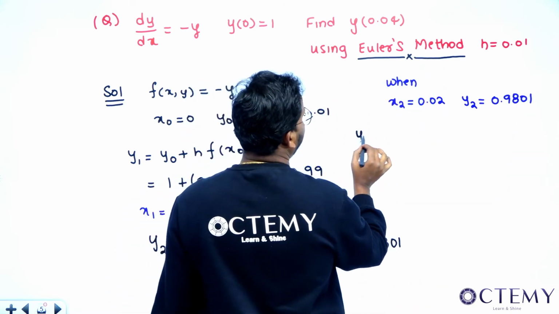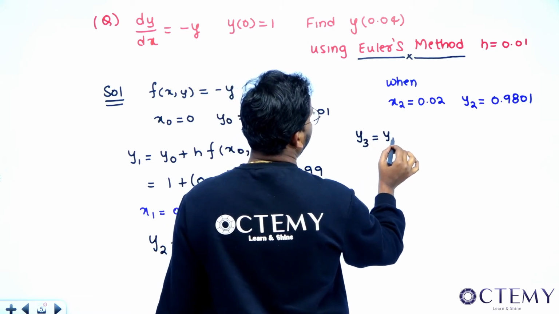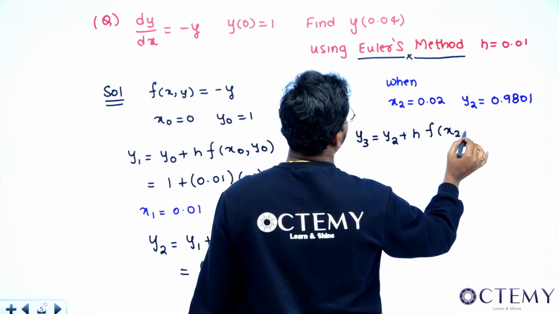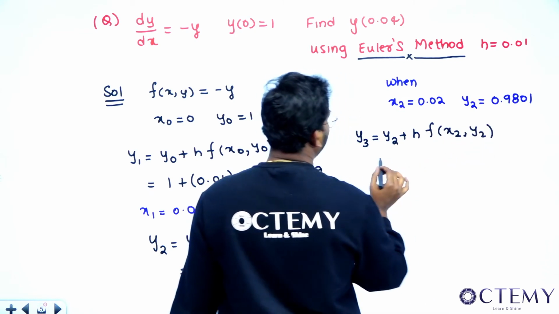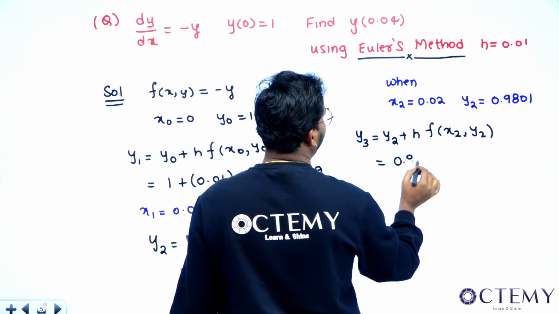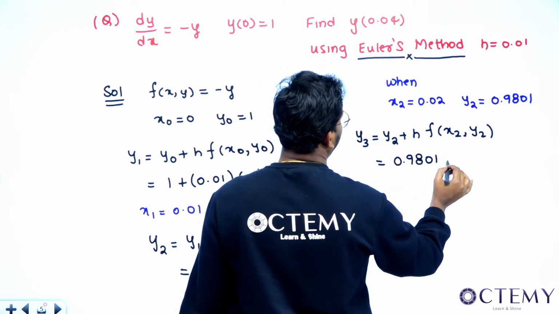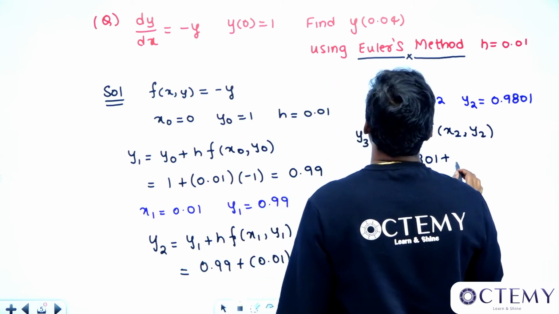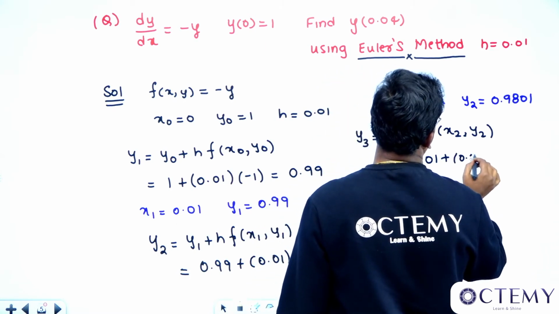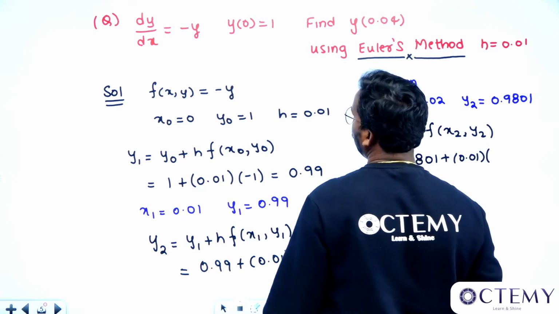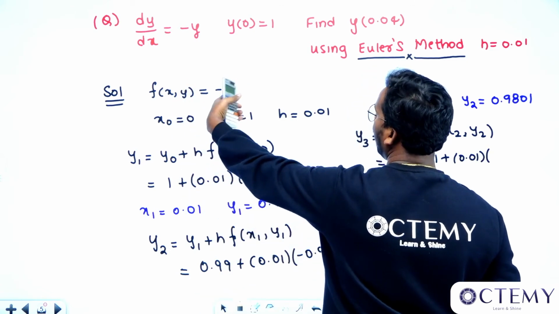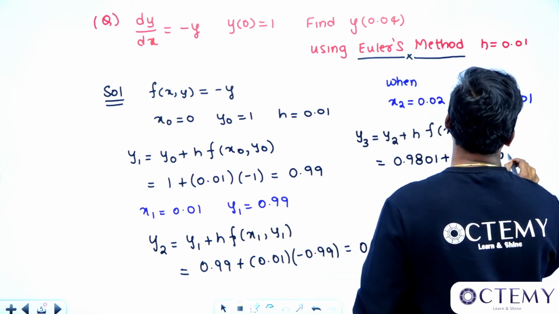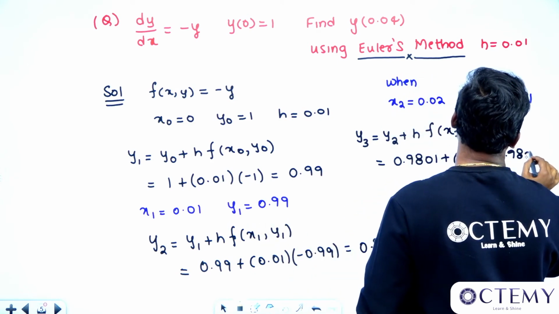Now I have to find y3. y3 will be y2 plus h f(x2, y2). The y2 value is 0.9801, plus h, which is 0.01, times f(x2, y2), which is minus y2, that is minus 0.9801.